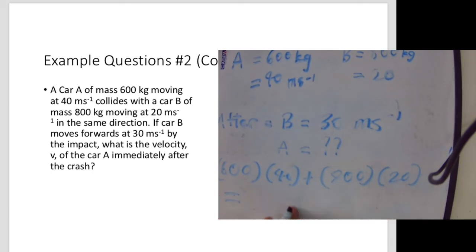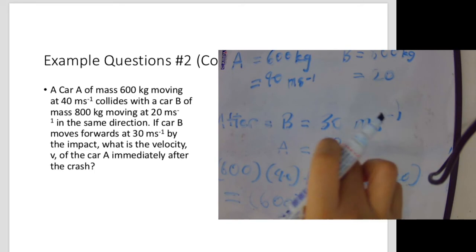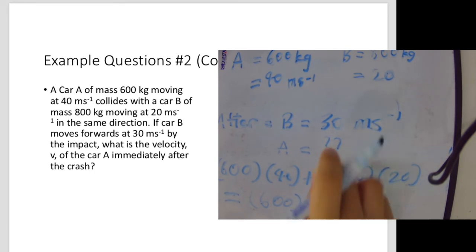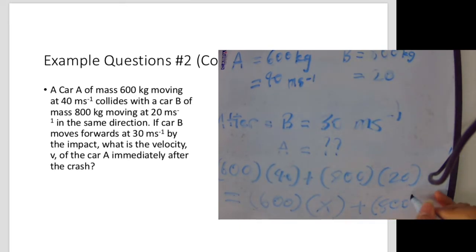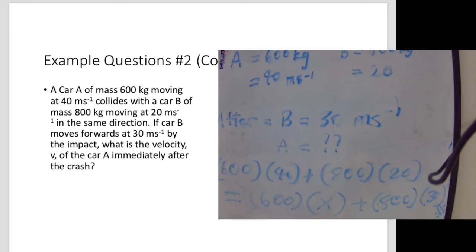Equals, A is the same, 600. We don't know the speed, so let's call this X. And 800, and the final speed is 30. Okay? Alright. Try to calculate, what is the final speed of vehicle A?